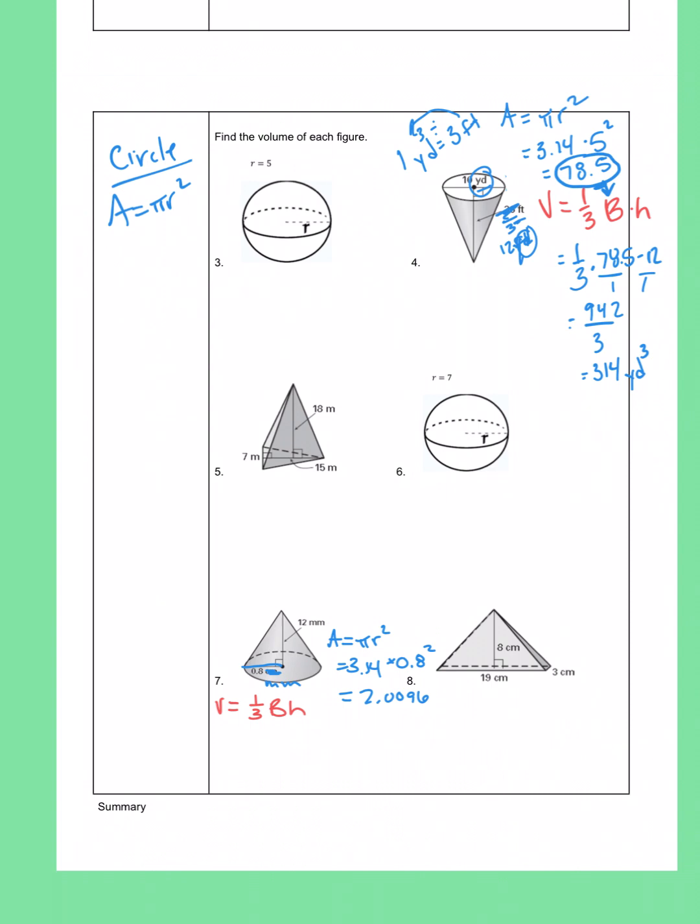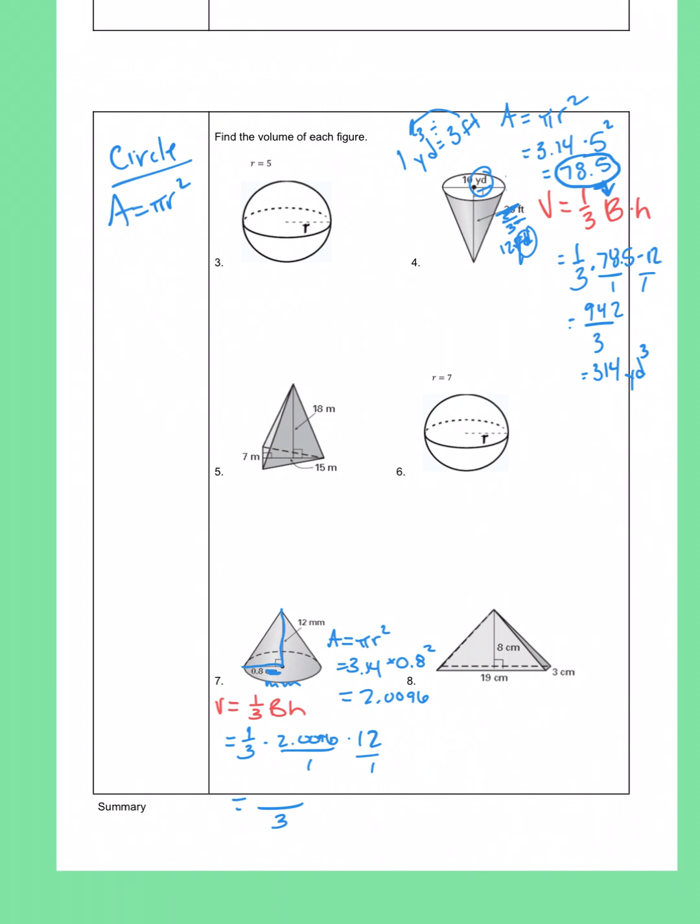Okay, and I'm going to come back over to my formula. 1/3. In place of the capital B, we get 2.0096 times, and then the height of that cone is from the circle straight to the tip of the cone, which is 12 this time. Then again, I'm going to think of these as all fractions, over 1. 3 times 1 times 1, the denominator will be 3.